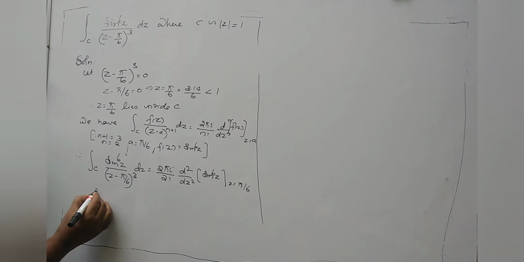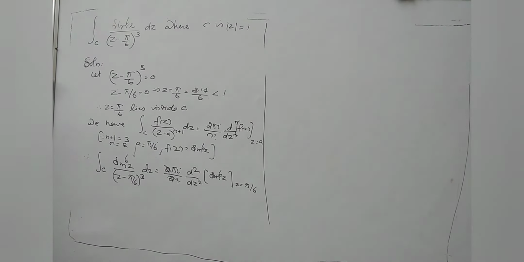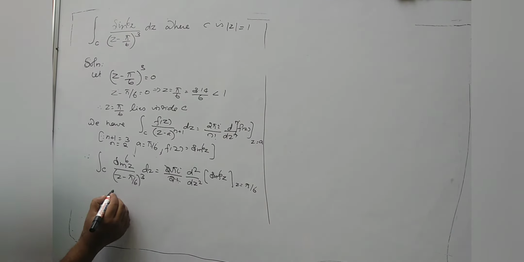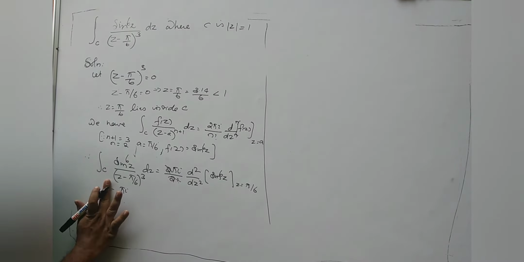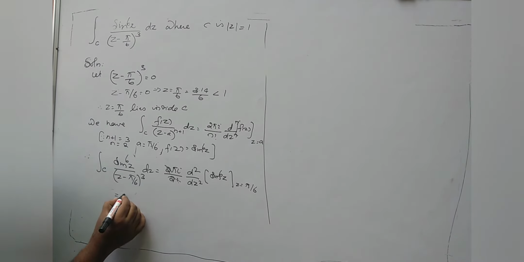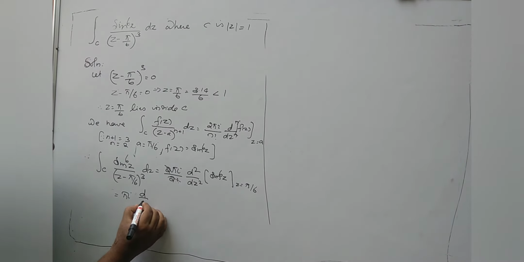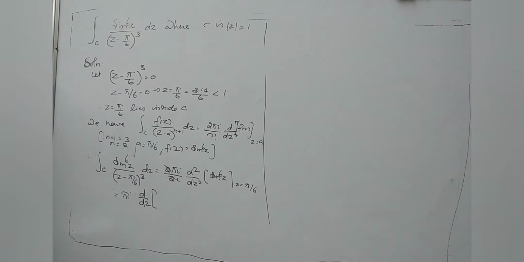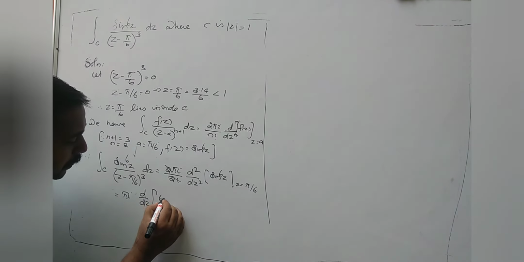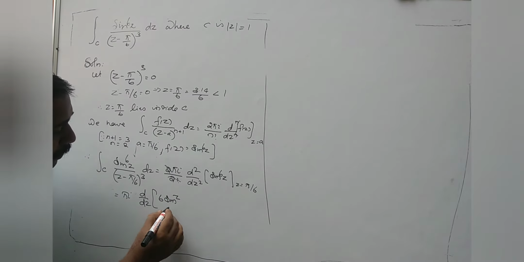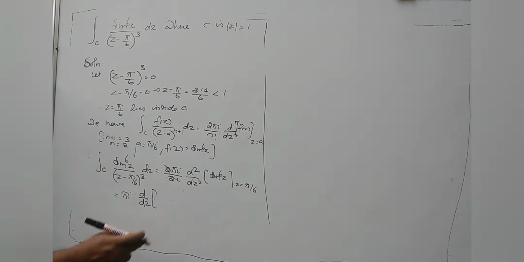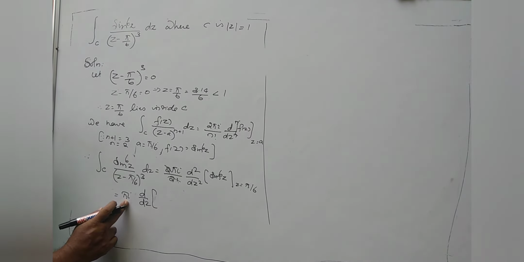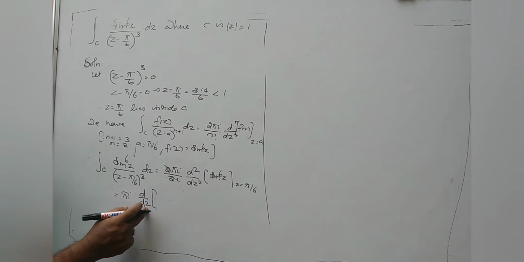So now this is equal to what? First we apply the formula, the first derivative. So that is equal to pi i into d by dz, the first derivative.